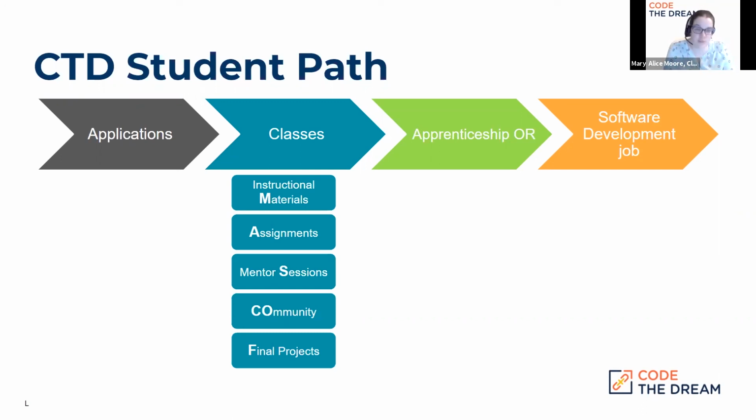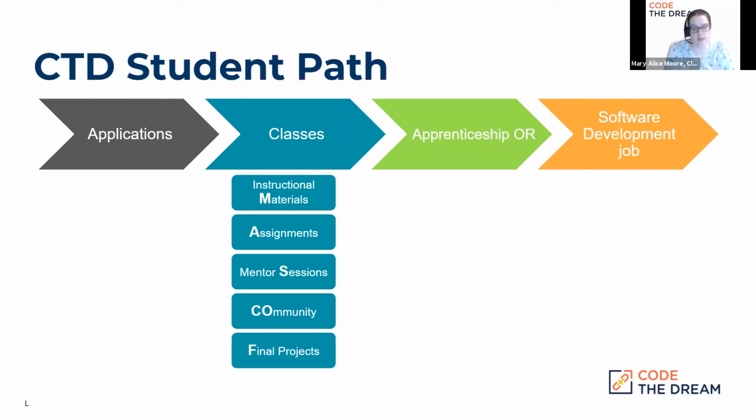We ask that you attend 2 mentor sessions a week, and they can be of your choosing. Mentor sessions happen typically in the evenings on weekdays. I think we have a couple that are early afternoon on weekdays for some of the classes. And then there are a few on weekends as well. Every Monday, I'll publish into the Slack announcements channel the mentor session sign-up sheet for the week.